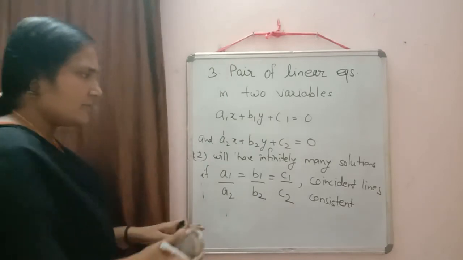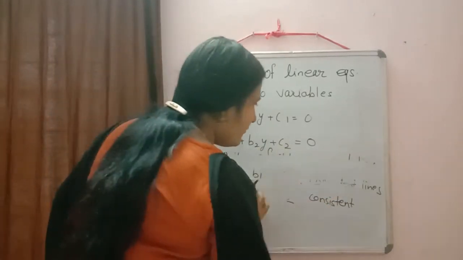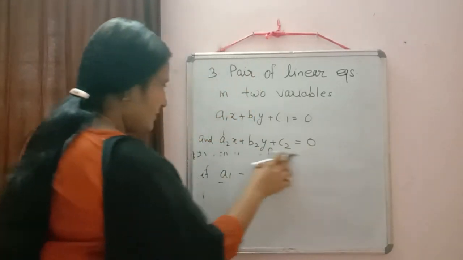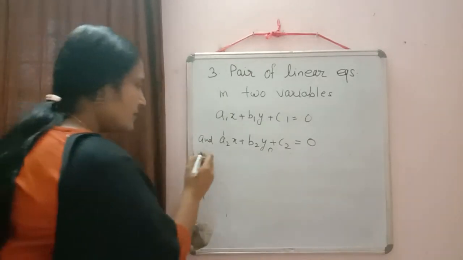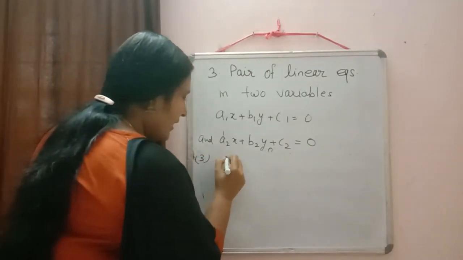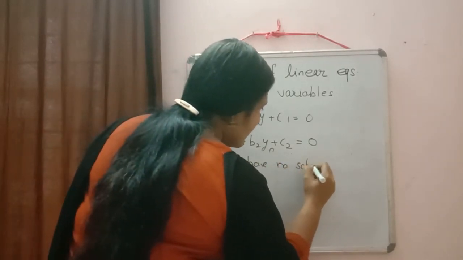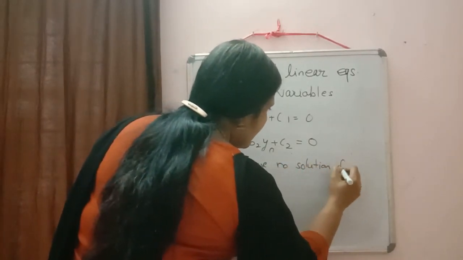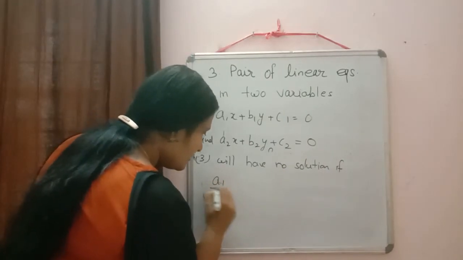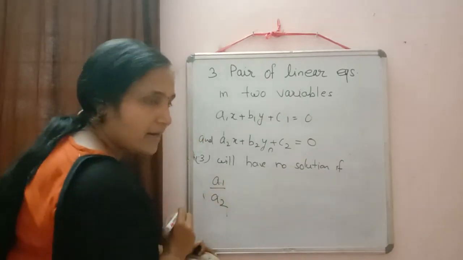Written? Now the third point: will have no solution. No solution means they should represent parallel lines.